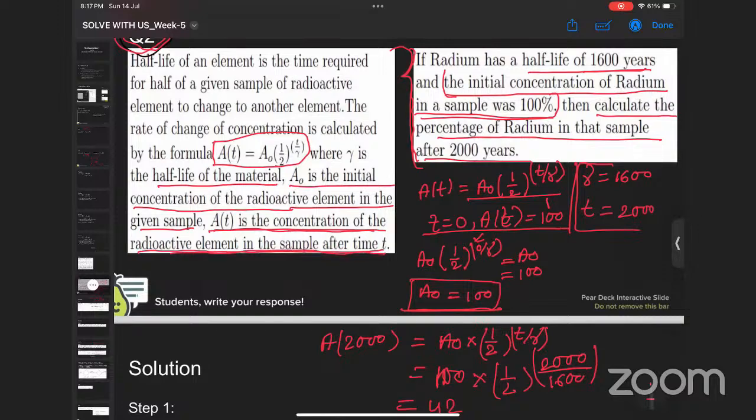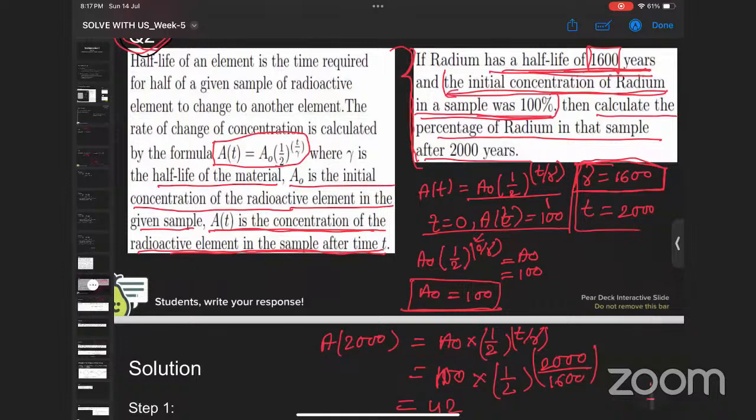Okay. And here in this portion the half-life is given as 1600. That means we got the value of gamma, right? Yes, ma'am.